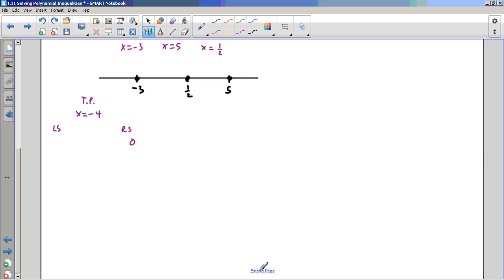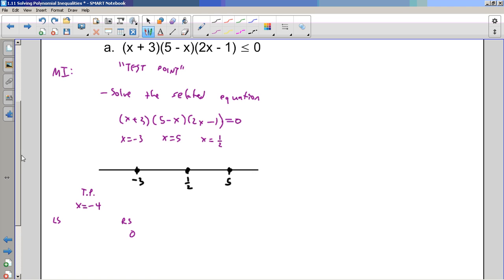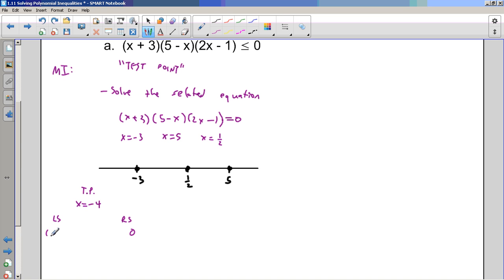So when I put this into this equation, I got -4 plus 3, 5 minus -4, 2 times -4 times -1.